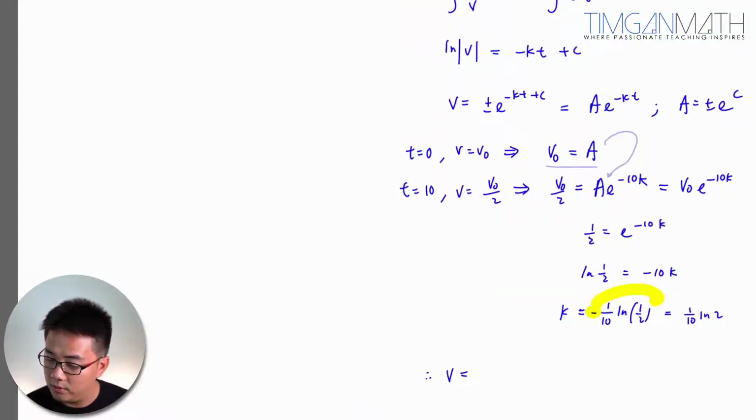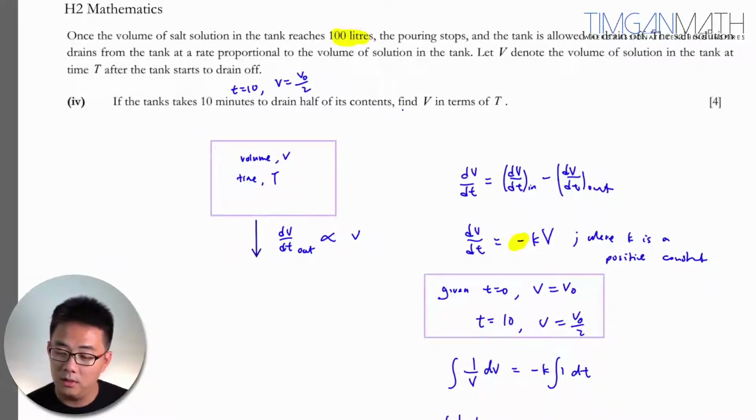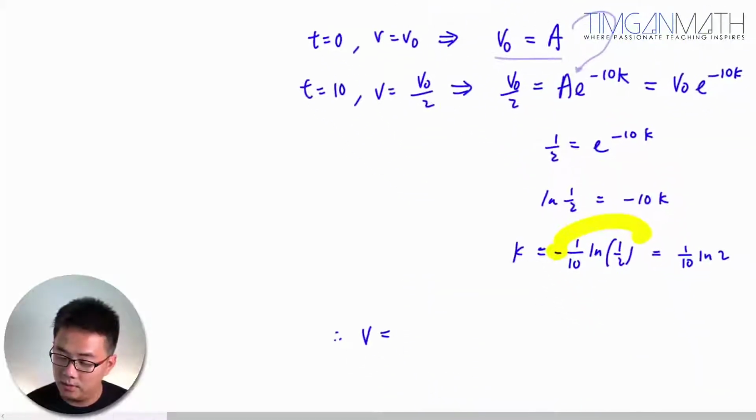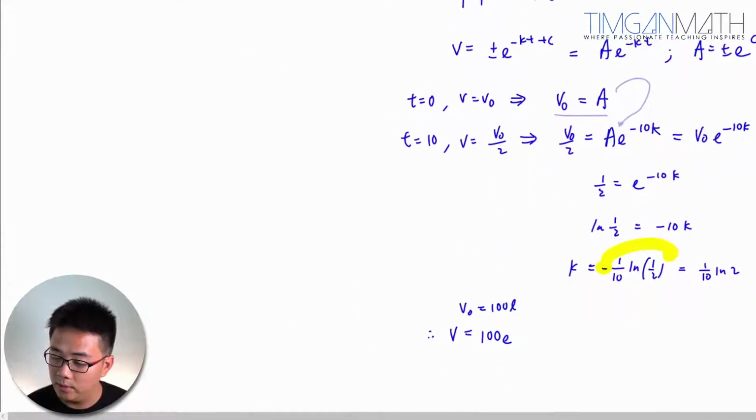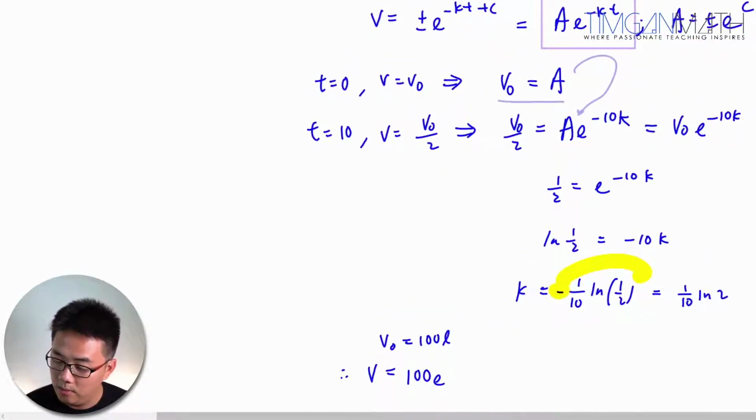V naught is 100 liters, so V equals 100 e to the minus kt, and 10k is ln 2, so V equals 100 e to the minus 1 over 10 ln 2 times big T.